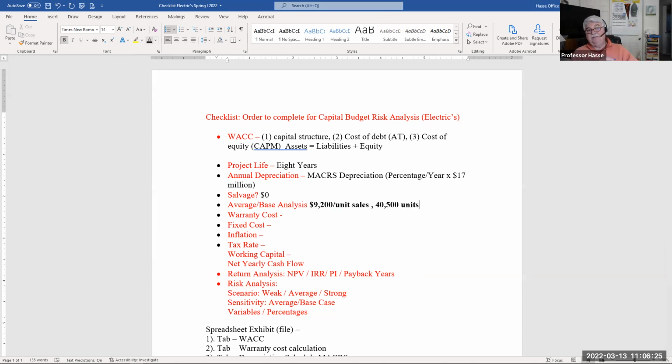That's the average base analysis to be used right off the bat in this problem. That base analysis is going to be your basis to do the sensitivity analysis in this problem, just like you did in case number 3. That's your base case to do the sensitivity analysis. All right.